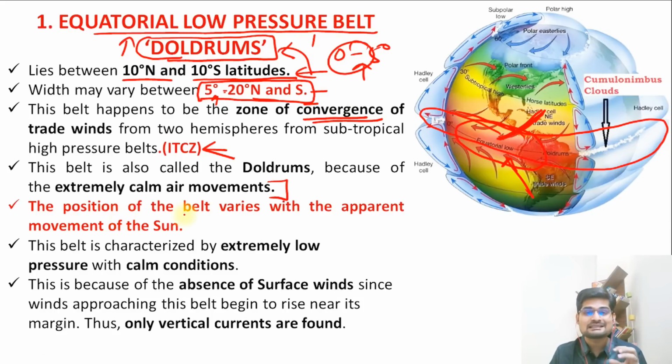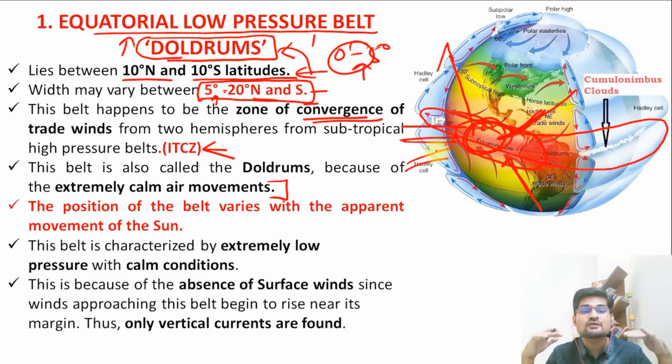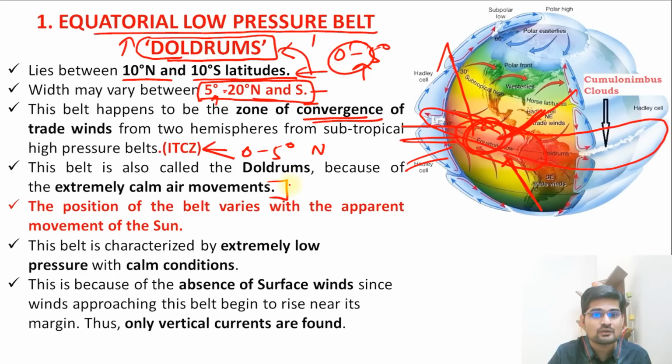As you remember, heat is the driver of air. So when heat is received in this belt, hot air rises up, and to fill this gap, air rushes from both the sides. So this particular zone is the zone of convergence.